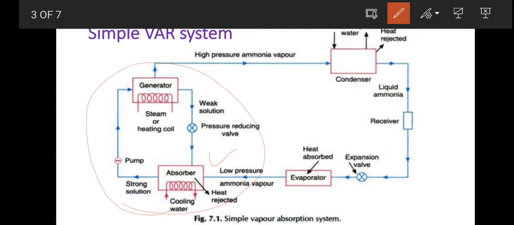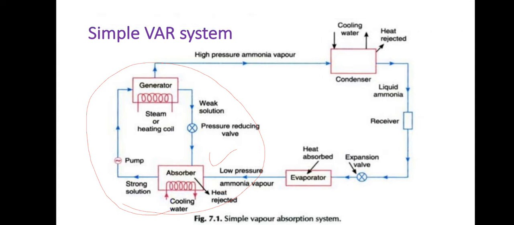For that, the strong solution will be used. That means a low amount of water and a high amount of ammonia vapor will be absorbed here. So what does it mean? In the vapor absorption refrigeration system, ammonia vapors will be absorbed by water.